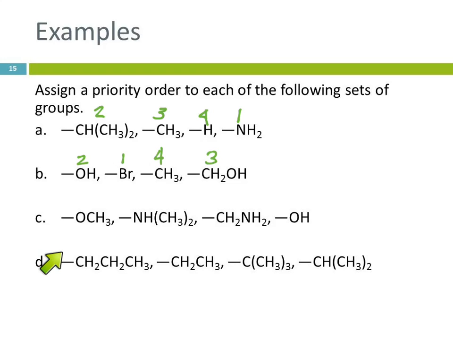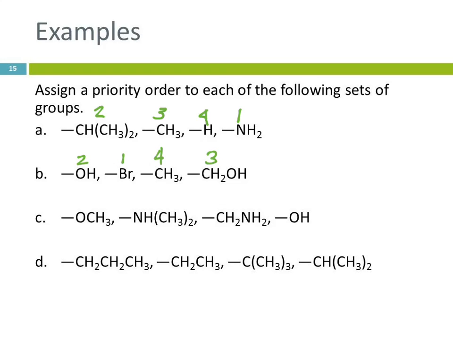Let's do letter C. We've got oxygen, nitrogen, carbon, and oxygen. Which of those elements is the highest atomic number? Oxygen. So we have to compare. This oxygen is bonded to a carbon. This oxygen is bonded to a hydrogen.